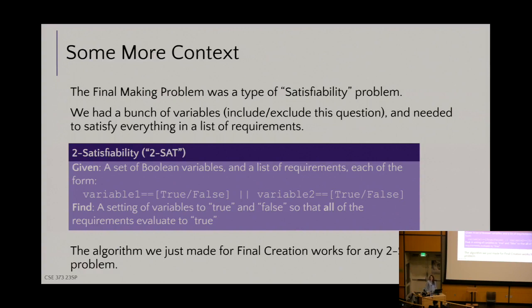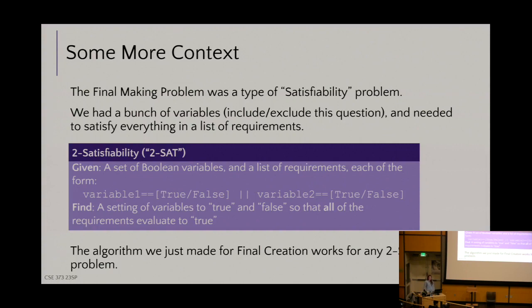That's why I kept saying satisfaction, satisfiability, and it is just this problem where, given a set of Boolean variables, each of the form variable 1 equals true or false, variable 2 equals true or false, find a setting of variables so that all requirements eventually evaluate to true. Just, can you take in 2 Booleans per entry, and can you end up with a final organization that satisfies those requirements? And you can see this is just literally like the pseudocode way that you would organize that. So this is called the 2-SAT problem.